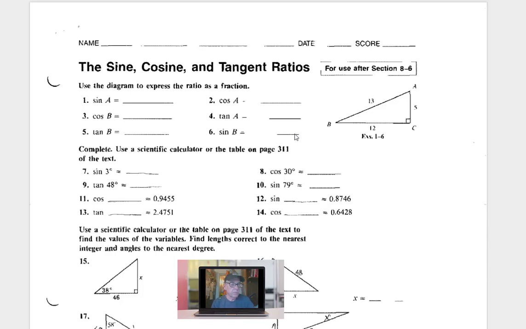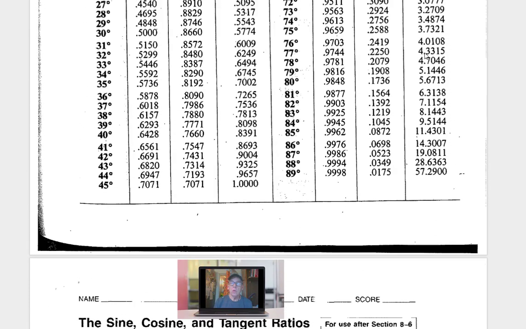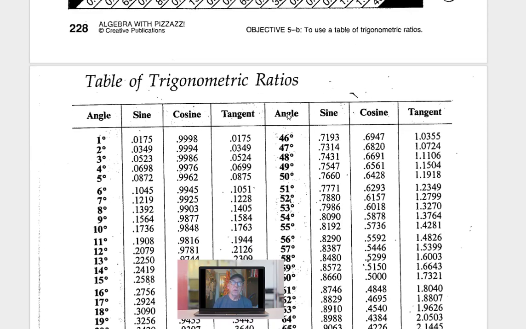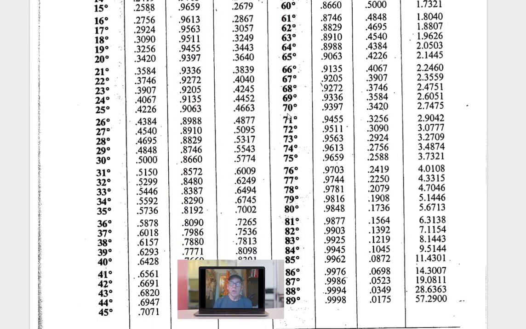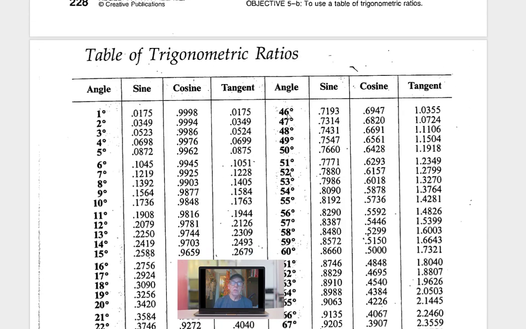Okay, this set of problems deals with using sine, cosine, and tangent ratios. We have a page bundled into the packet just before this page, which is a set of trigonometry tables of sine, cosine, and tangent for all the angles from 1 to 89 degrees.